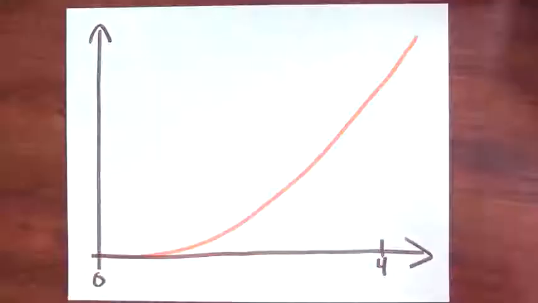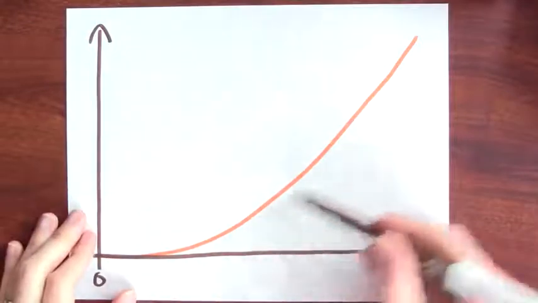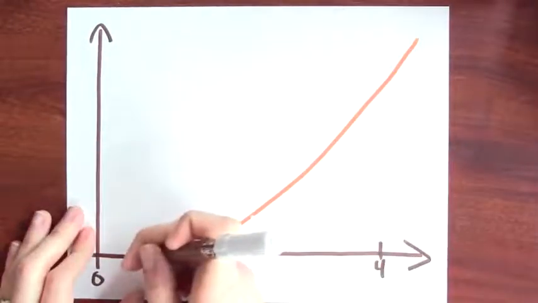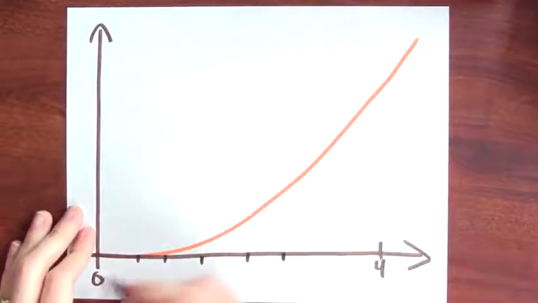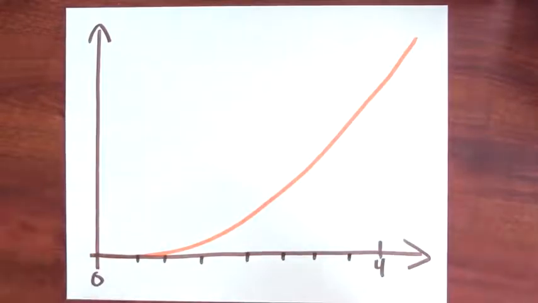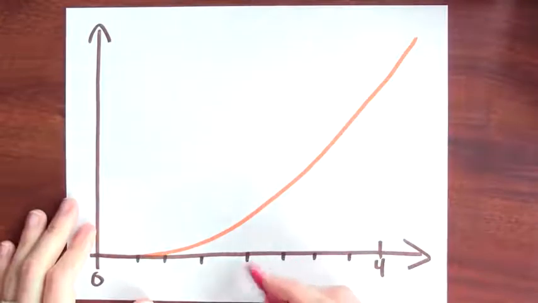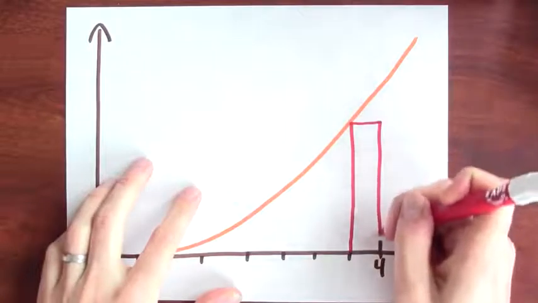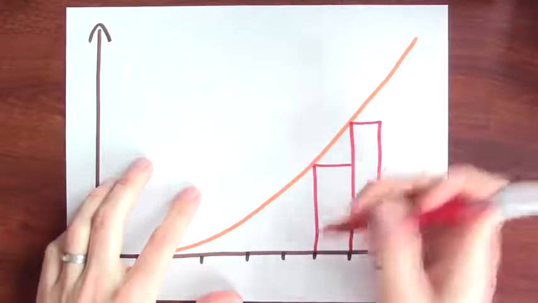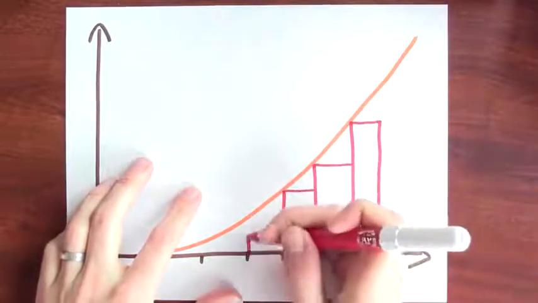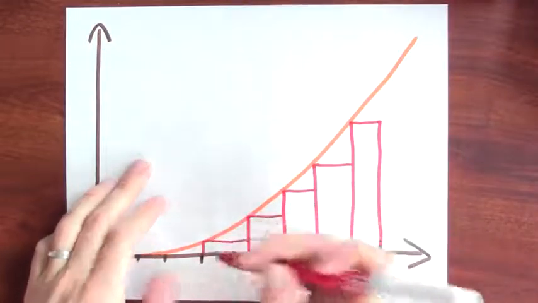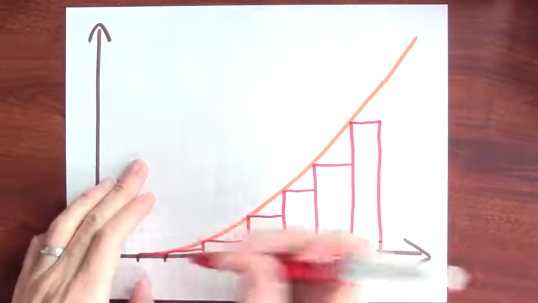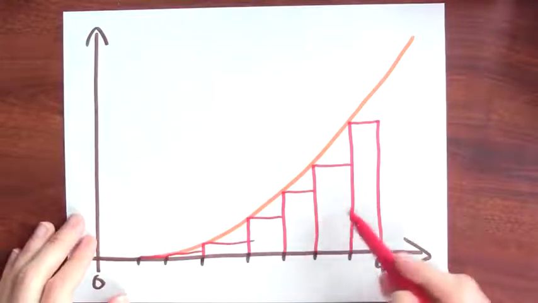So that's an approximation, but we can do better. If I want a better approximation to the area under this curve, I'll just cut the interval between 0 and 4 up into smaller pieces. I could, in this case, consistently choose the left endpoint to sample at, and I can draw a whole bunch of rectangles now, and I could approximate the area under the curve just by calculating the area of these rectangles.